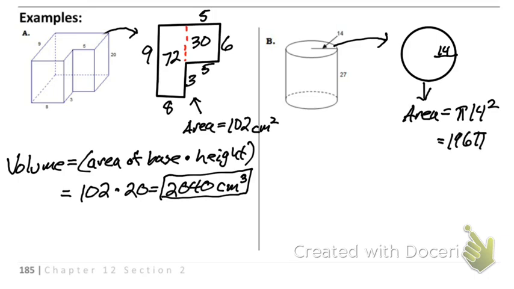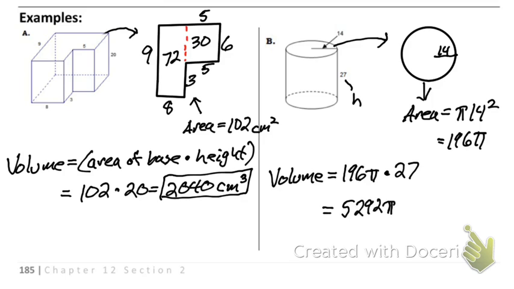So that's the area. And since our volume equals the area of our base, we now have 196 pi, multiplied by the height. Well, the height was that 27. That's my height. So it's times 27, which is going to equal 5,292 pi centimeters cubed. Now I know I don't have the centimeters on here, but I just want to treat it like it's centimeters just in case we have those as part of the problem.